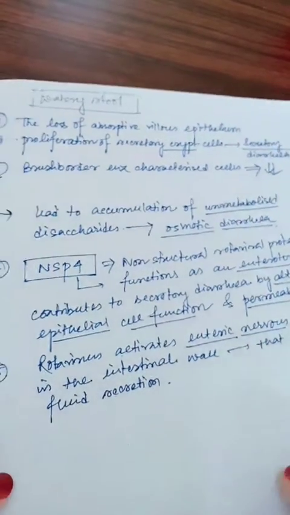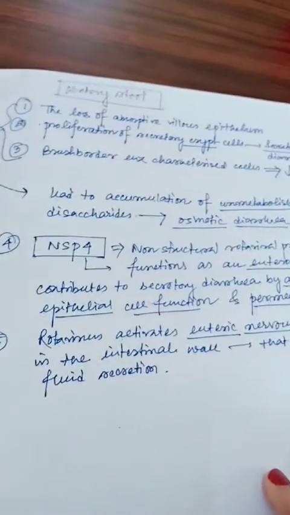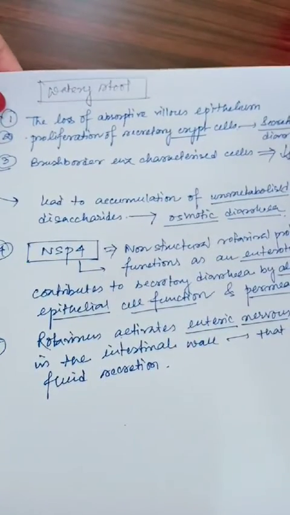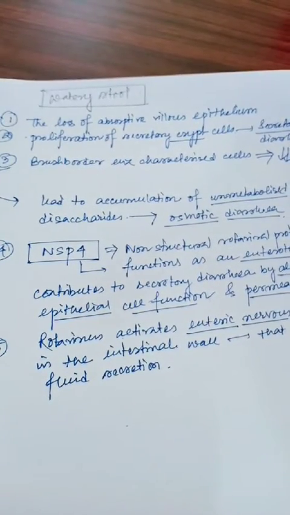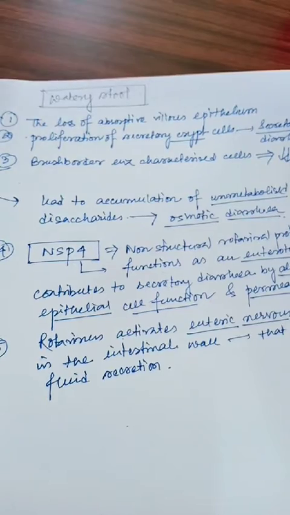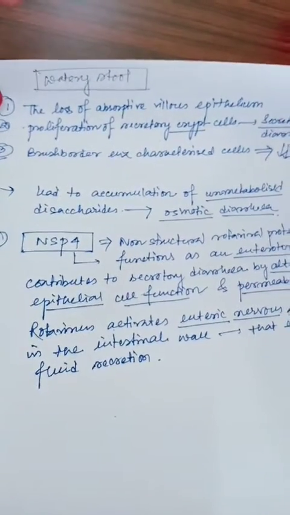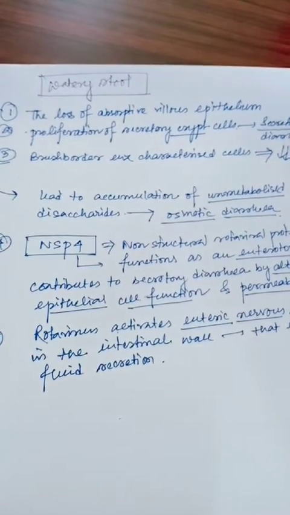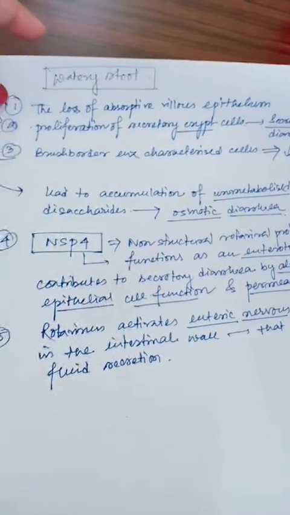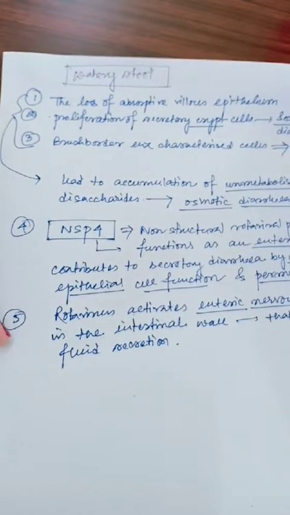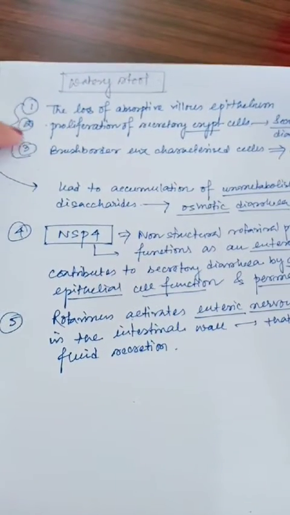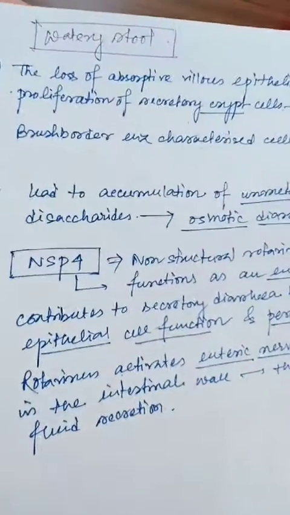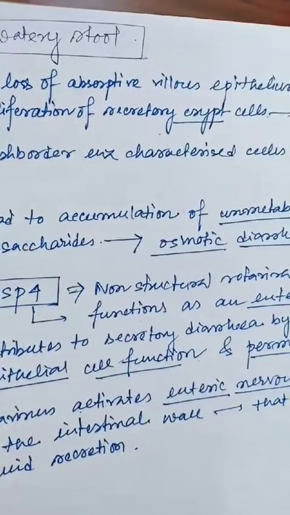So often in examination as well as in viva, the question comes: rotavirus diarrhea is a type of watery diarrhea or secretory diarrhea. Justify, or what are the reasons behind this watery secretion or watery stool? So 5 points are there. All the points are important. The first point is the loss of absorptive villus epithelium.